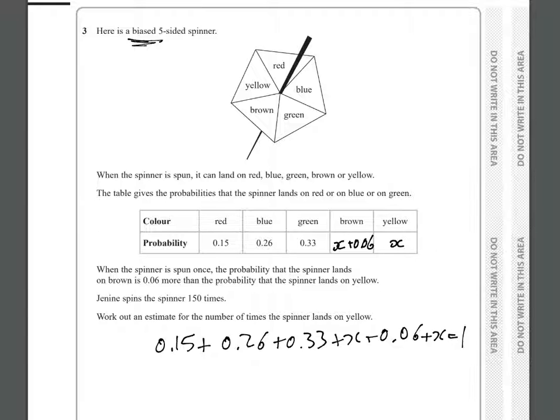So I've then got two x's, and all the numbers, if I add those up, 0.15 plus 0.26 plus 0.33 plus 0.06 is 0.8. So 0.8 plus 2x equals 1. Take 0.8 from both sides is 0.2, so x is 0.1. So this is 0.1, this is 0.16.